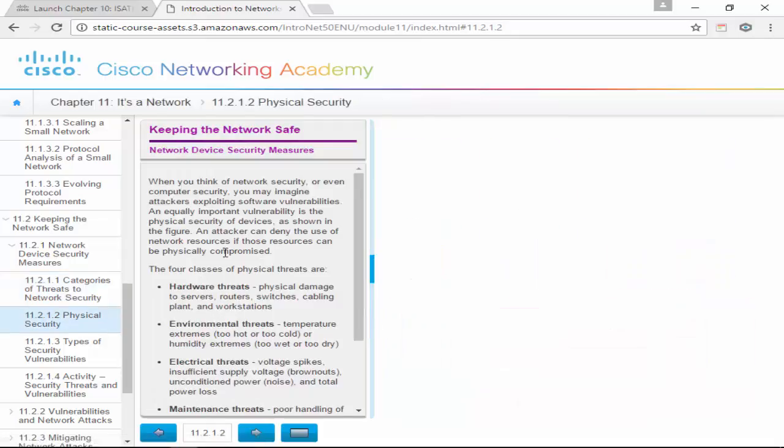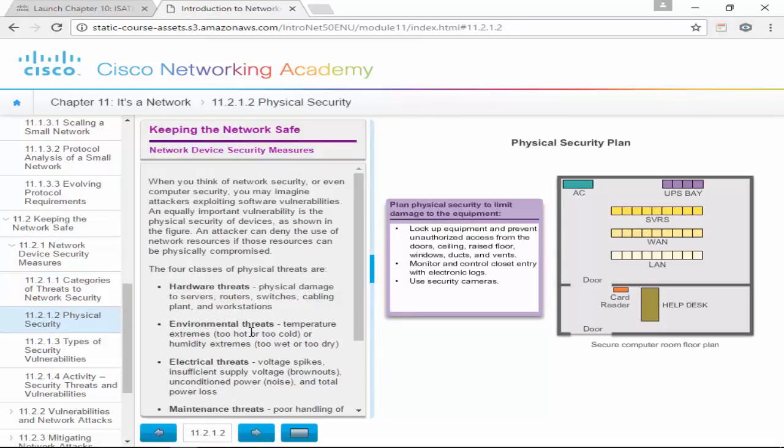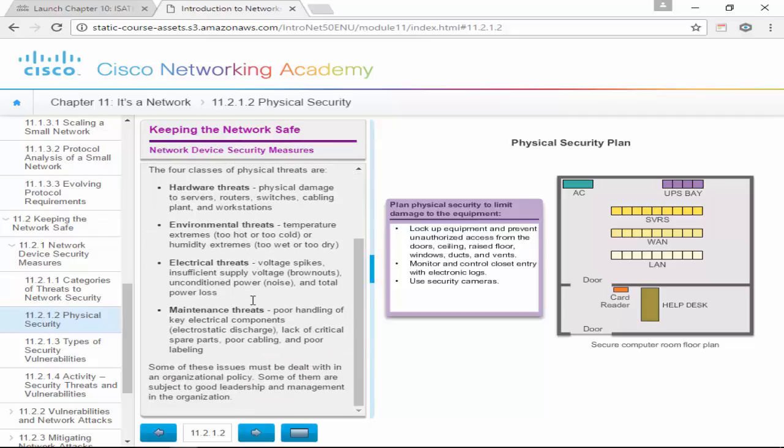Physical security. Keep hardware from being damaged. Environmental threats are temperatures. We don't want our AC to go out and our devices to blow up from being too hot, or getting humidity and being too wet or too dry or too cold.